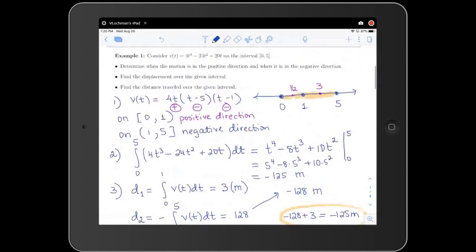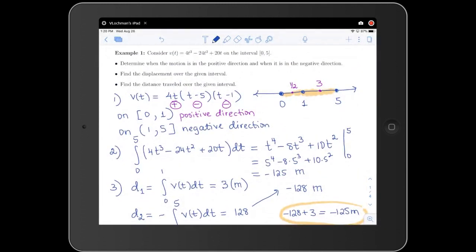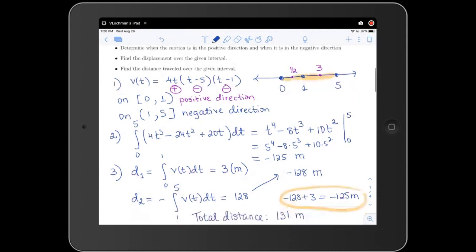I thought I picked different problems. I'm verifying. It appears to be the same problem to me. What do they get? They're getting negative 125 meters for the displacement, but for the distance they get 147.